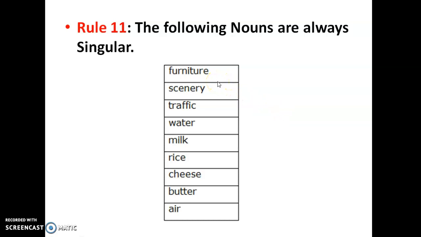Furniture itself means table, chair, everything together you call furniture. Scenery, traffic, water, milk, rice, cheese, butter, air. These are uncountable nouns, so they are the ones under this rule. They are always singular.